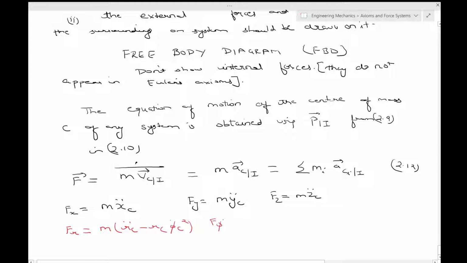F_phi is equal to m times 2 r dot_C phi dot_C plus r_C phi double dot_C, and then F_z is equal to m z_C double dot.